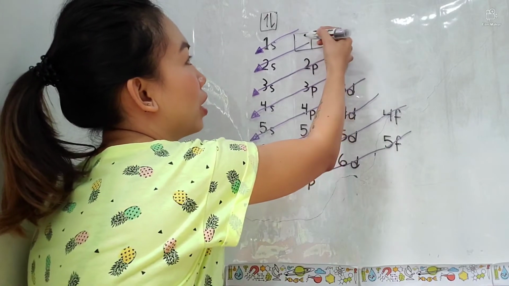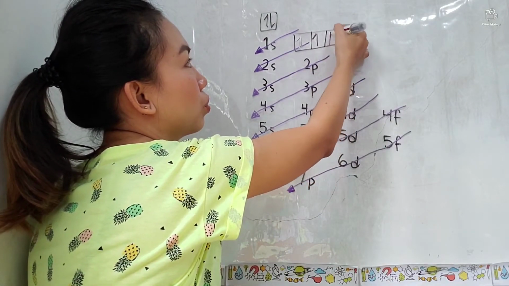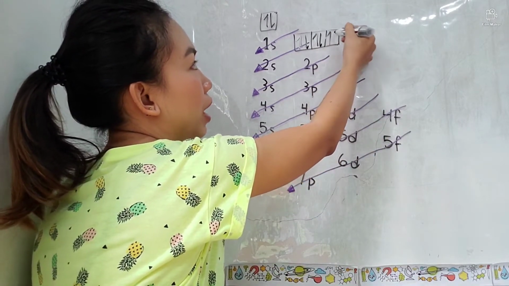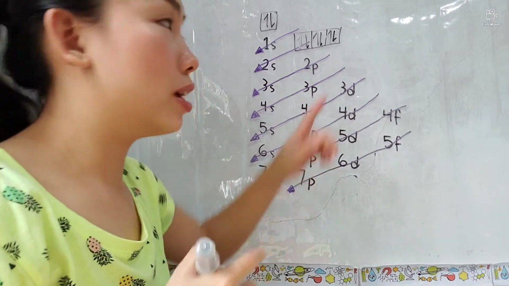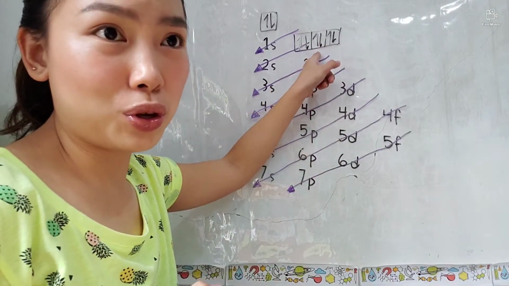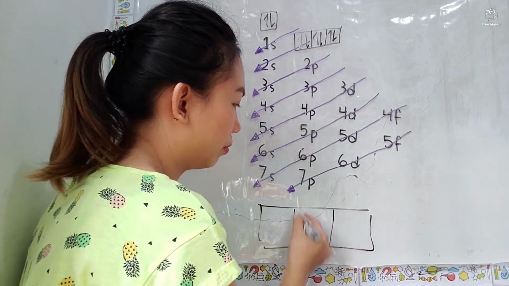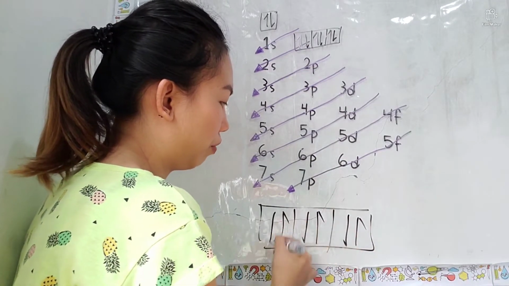So, we have 1, 2, 3, 4, 5, 6. Have you noticed, once I make the arrows, pwede ko naman kasing gawin na 1, 2, 3, 4, 5, 6.